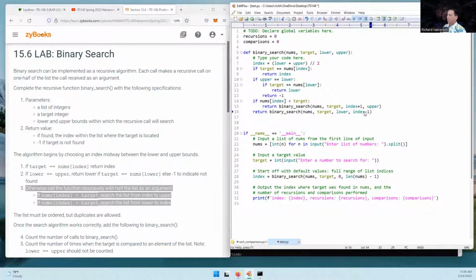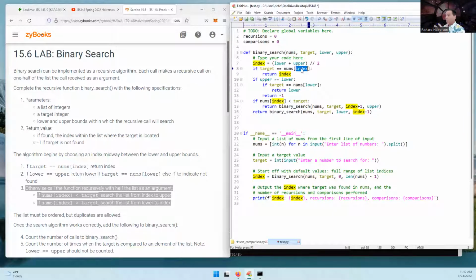So when it comes in here, it computes the middle. There are 3 cases that can happen when we compute the middle. The target could be equal to the element at the middle.